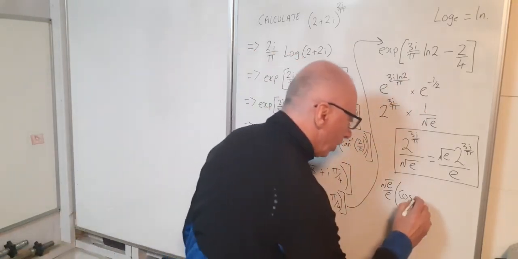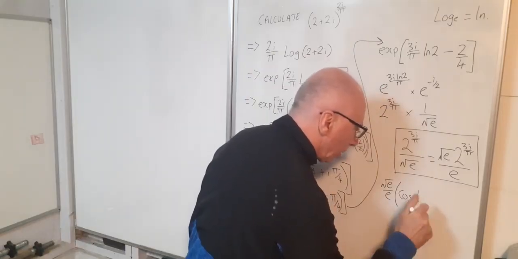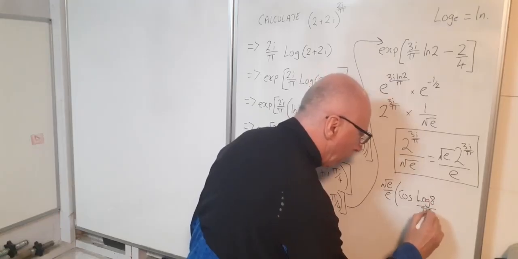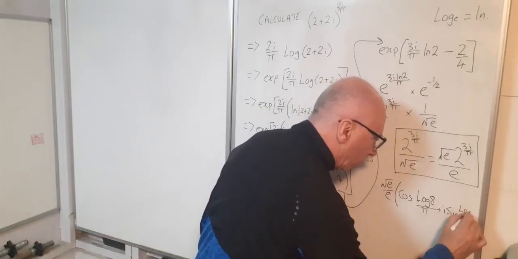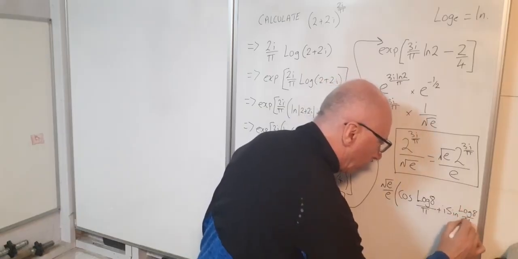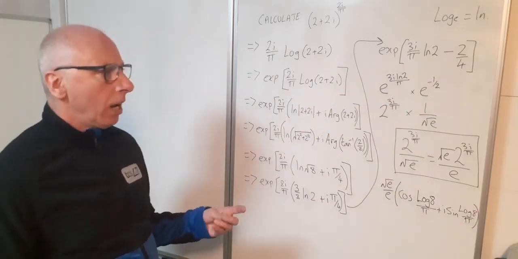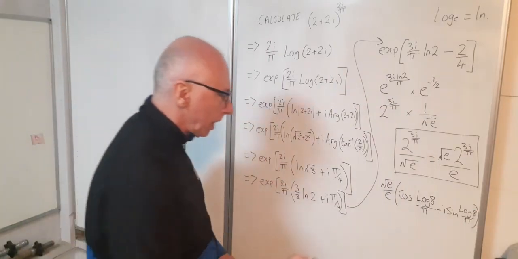So now I've got, let's write it as principal log, log of 8 over pi plus i sine log of 8 over pi. So we could write it in that kind of format if we wished, and that would be a nice way to present this number.